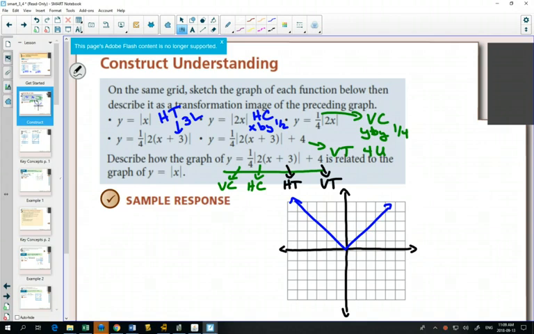So what we're going to do is we're going to take some points from our original graph. Obviously, the most important point from the absolute value graph is 0, 0. And I want you to pick 2 other points, one on the right of that and one on the left of that as well. And when choosing those points, I want you to think about what we're doing.